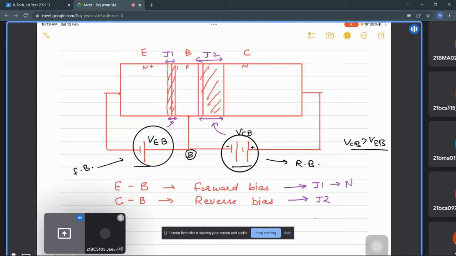So it is being narrowed and this is being widened.